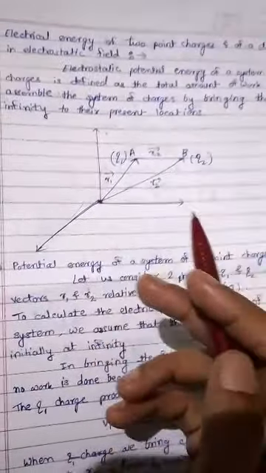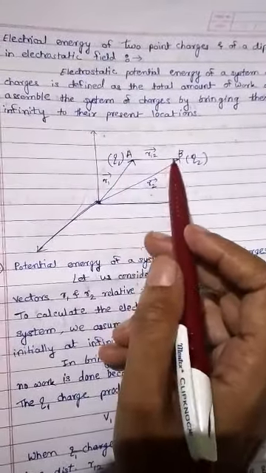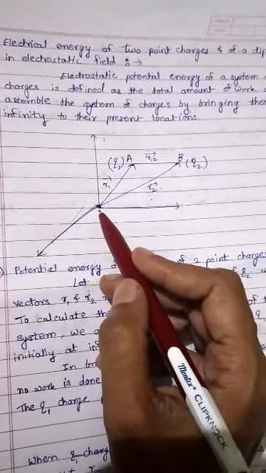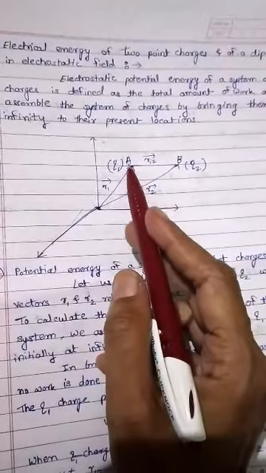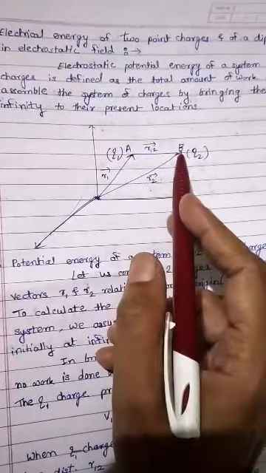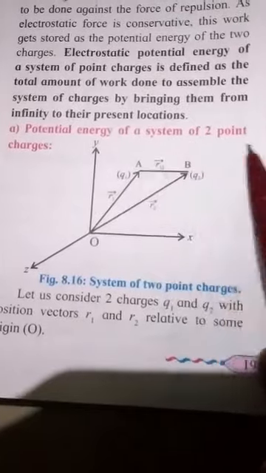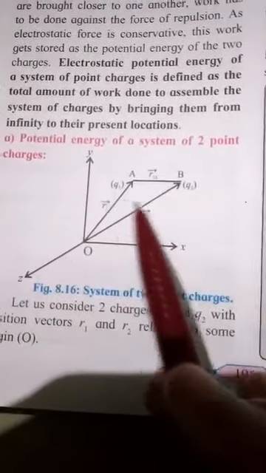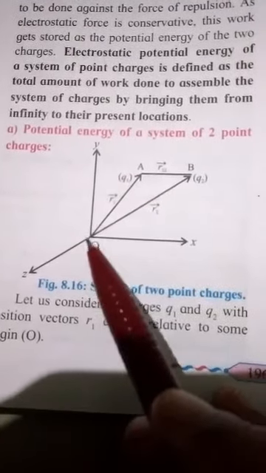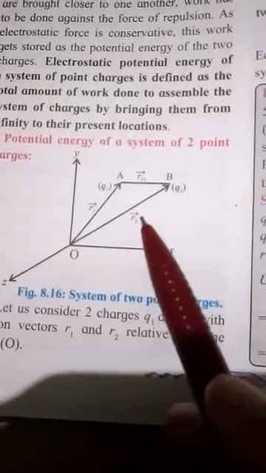Here is an x, y, z coordinate system, and here A and B are the places of two charges, with their distances from the origin of the coordinate system. We are considering only two point charges, A and B, where OA is the R1 vector and OB is the R2 vector.